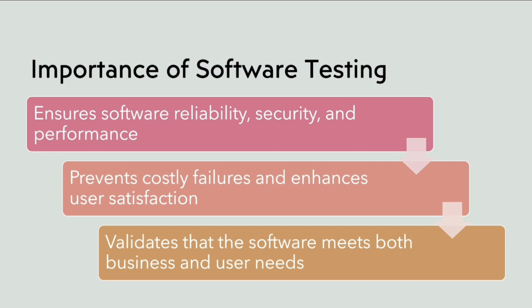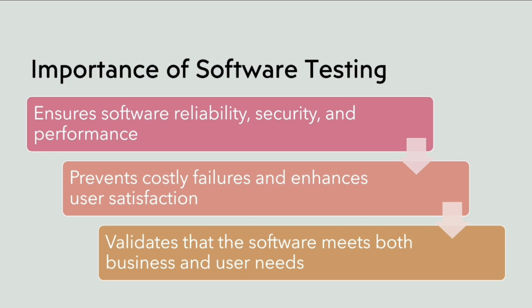The first bullet point is to ensure software reliability, security and performance. This comes under user experience, and user data should be protected. This is the most important bullet point. Second, it can prevent costly failures and enhance user satisfaction.